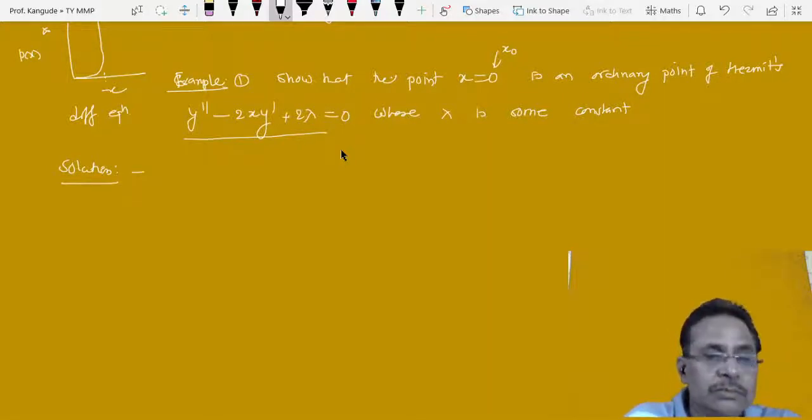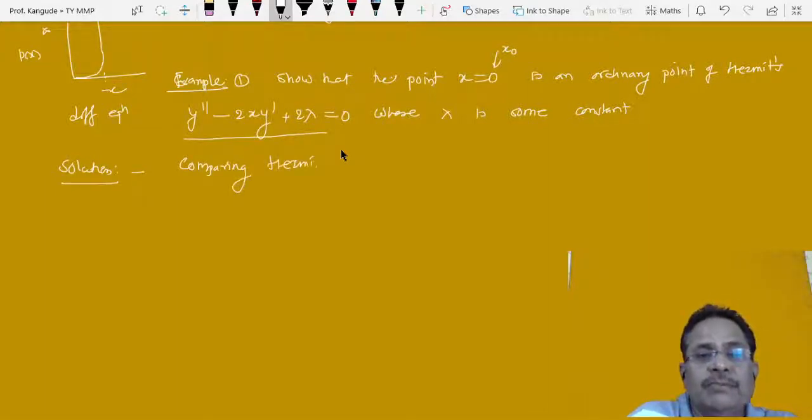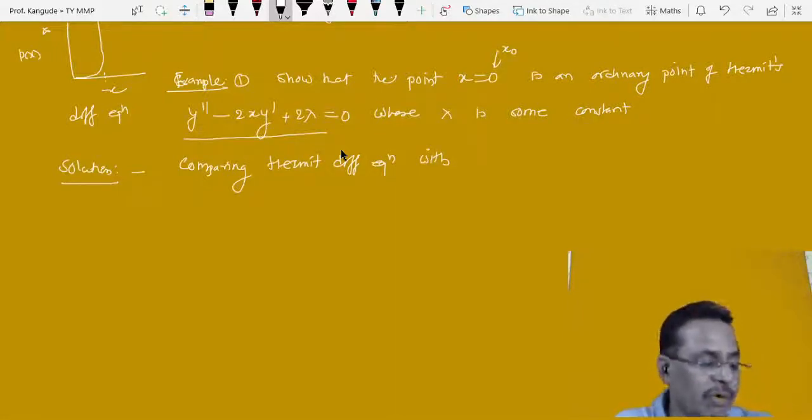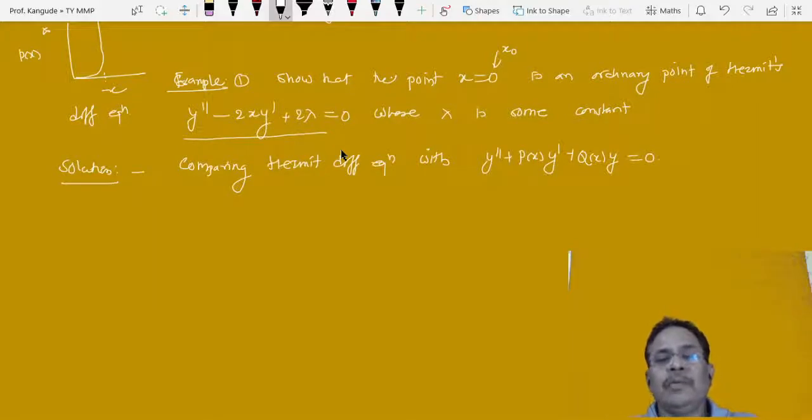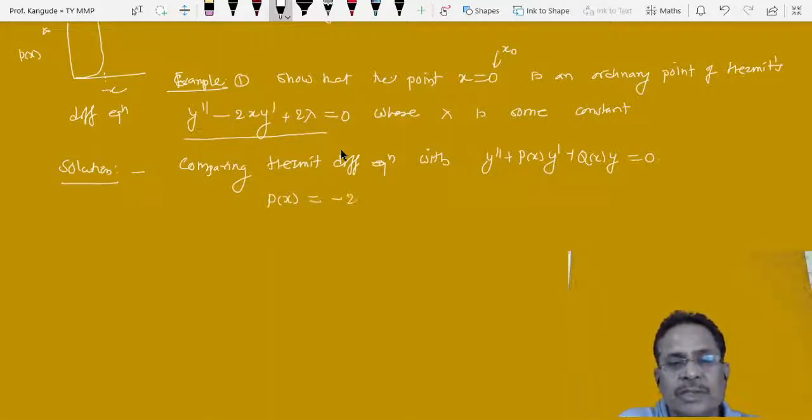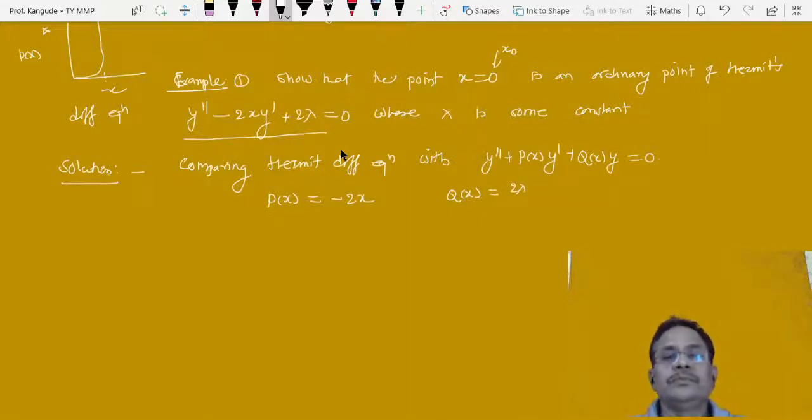Comparing the Hermite differential equation with the standard form we have just written, that is y double dash plus p of x into y dash plus q of x into y is equal to 0, I get p of x is equal to minus twice x and q of x is equal to simply 2 lambda.